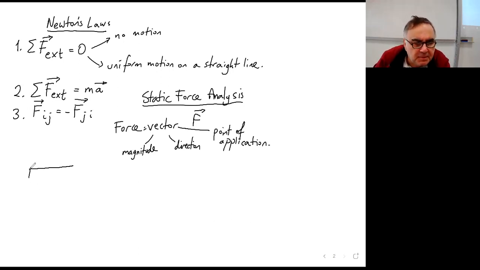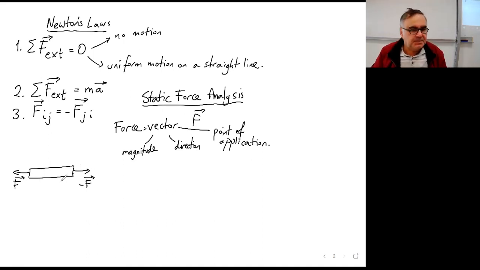For example, you might have an object in static equilibrium like this, okay? As you see, well, the point of application of the forces F and minus F is here.